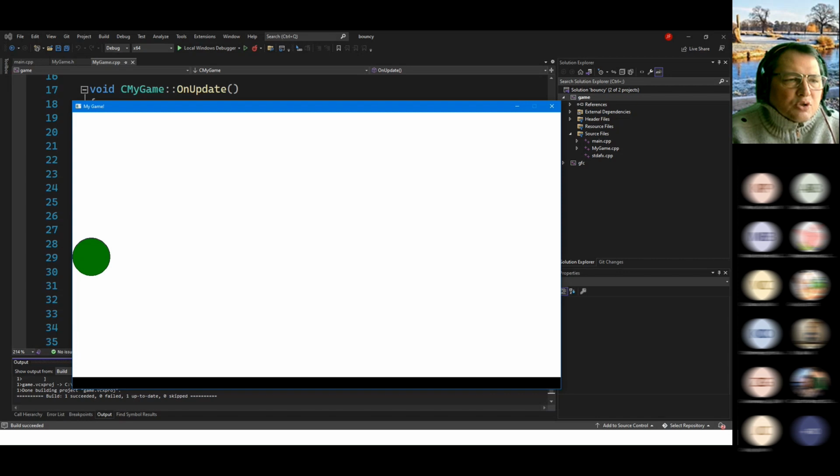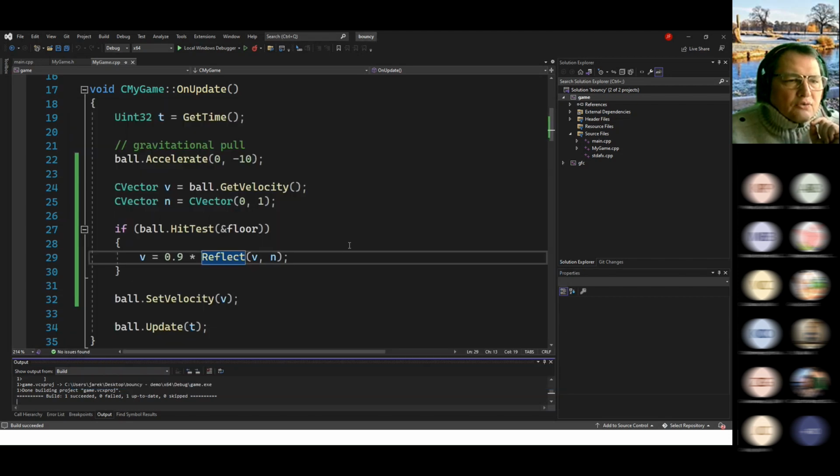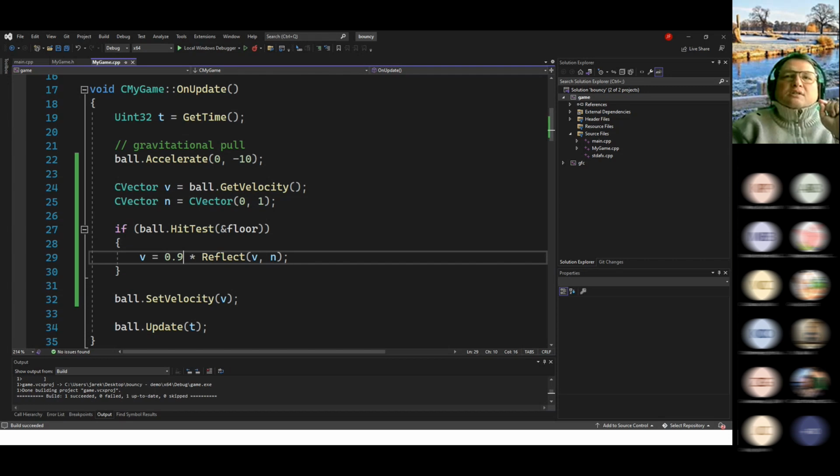Okay, and this works perfectly nice. With each bounce, it's going lower and lower. And this coefficient 0.99 even has its physical name, which you might recognize because it was mentioned in our lectures at least twice.